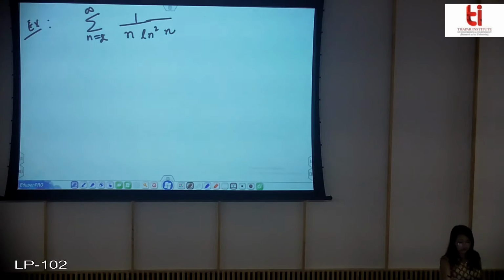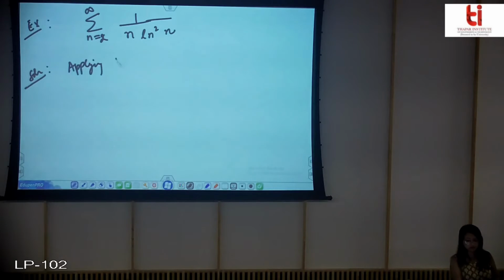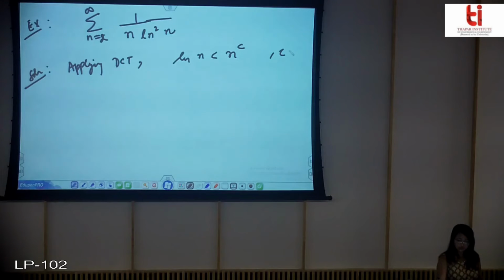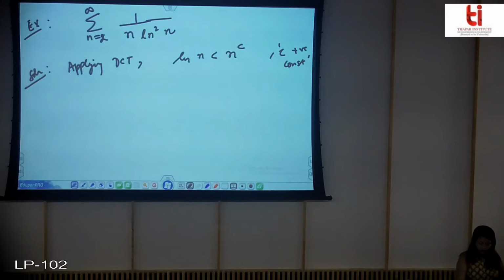So again the question is, check the convergence or divergence of this series. If I start with the direct comparison test, since you already know that we have this inequality for C, a positive constant, now I want to make this, so I'll square this.